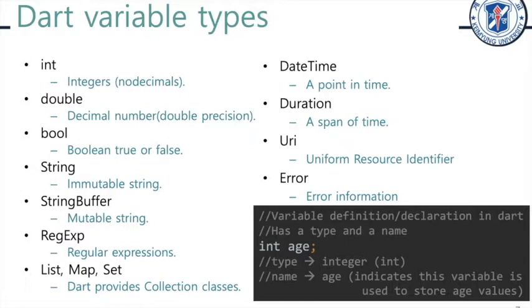So you declare a variable which is named age, and age is normally an integer, so your variable type will be an integer. When you do this kind of declaration, the type is an integer and the name of the variable is age.